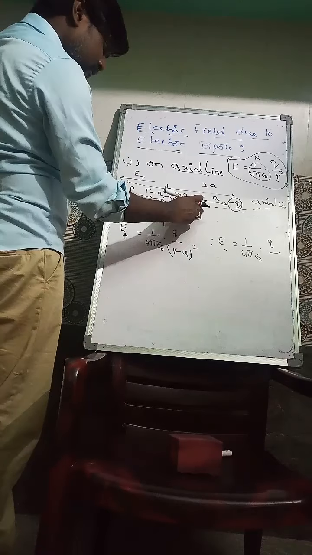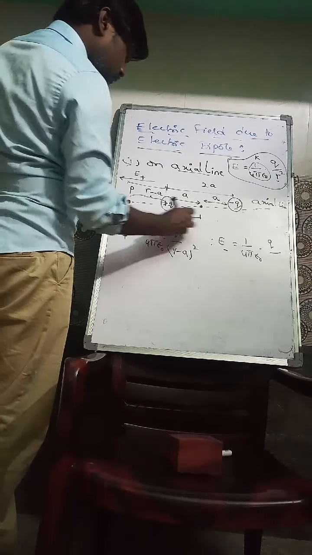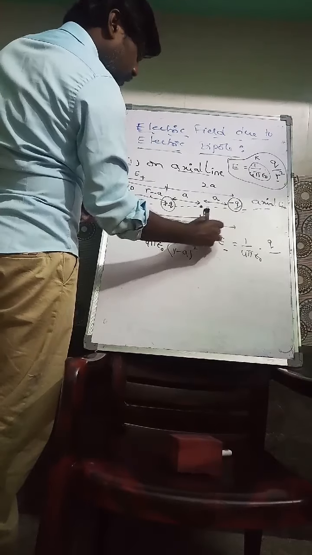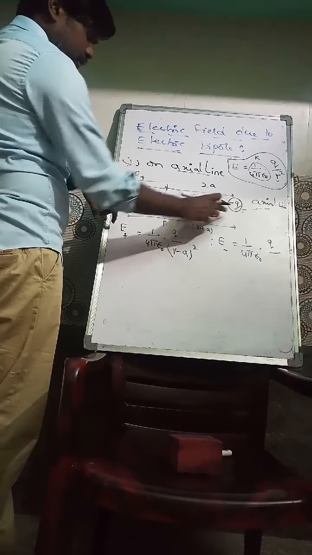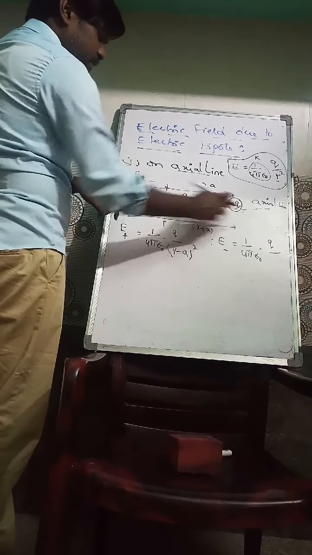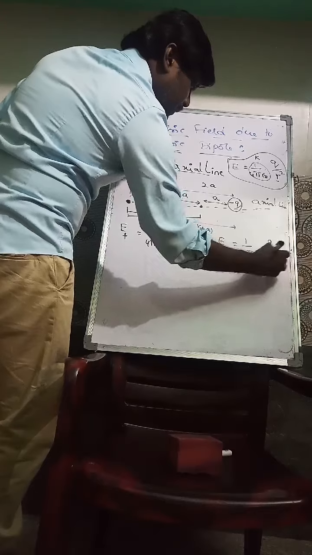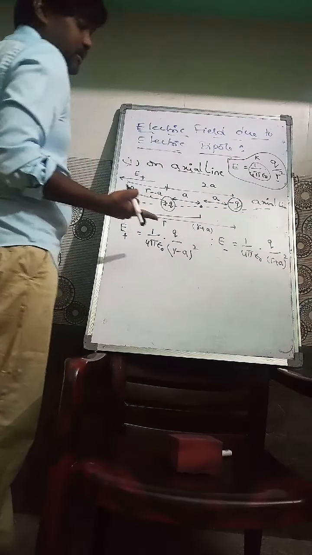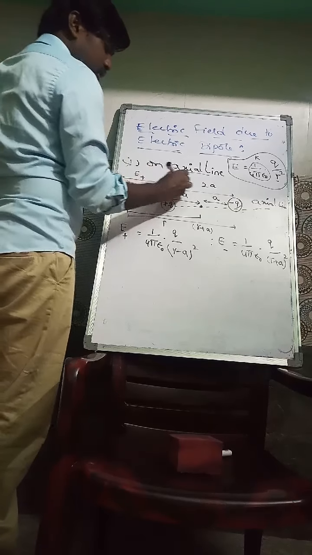This distance is R and this is A, so this will totally be R plus A. Don't get any confusion. This is R and this distance is A, so R plus A, whole square. What is the direction? This is the negative charge, so the field is towards the charge.